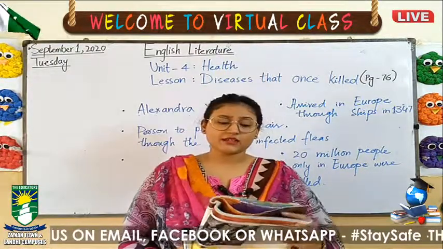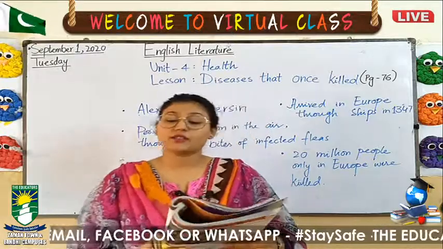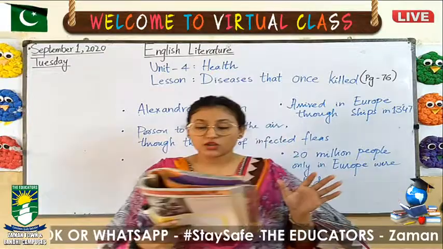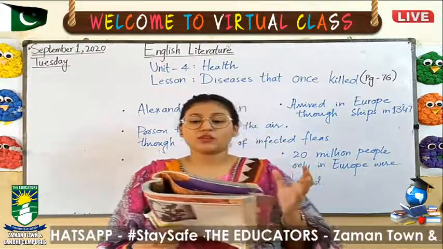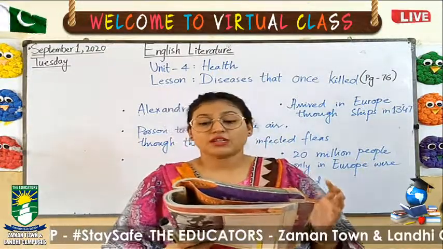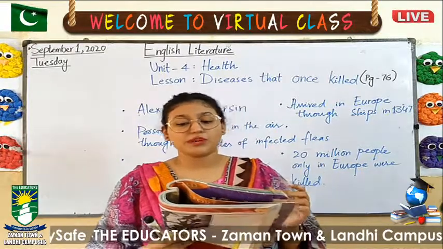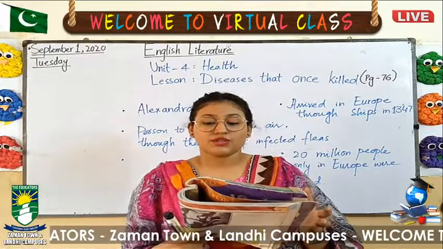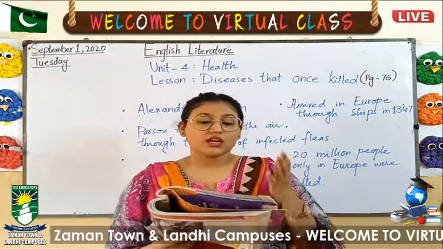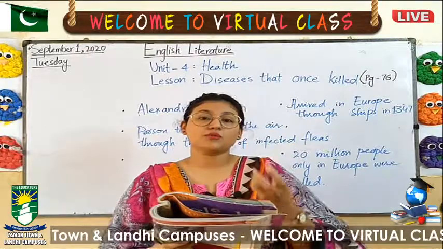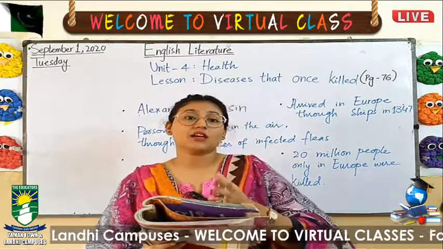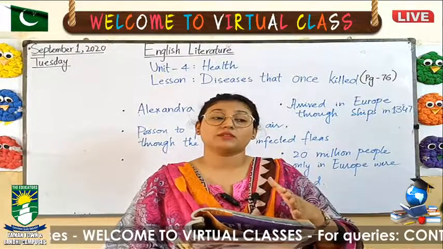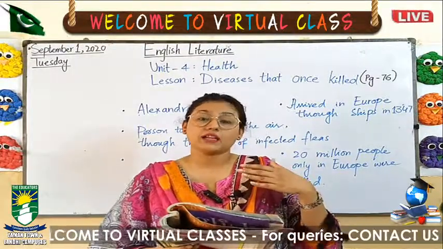Not a lengthy lesson, so I'm reading it. Let's come to the glossary to understand the meaning. Inoculate. Inoculate is to introduce a small amount of the disease into a person's body. This is done to make that person immune to the disease. Inoculate means to protect against any disease that is brutally spreading, or becoming widespread.